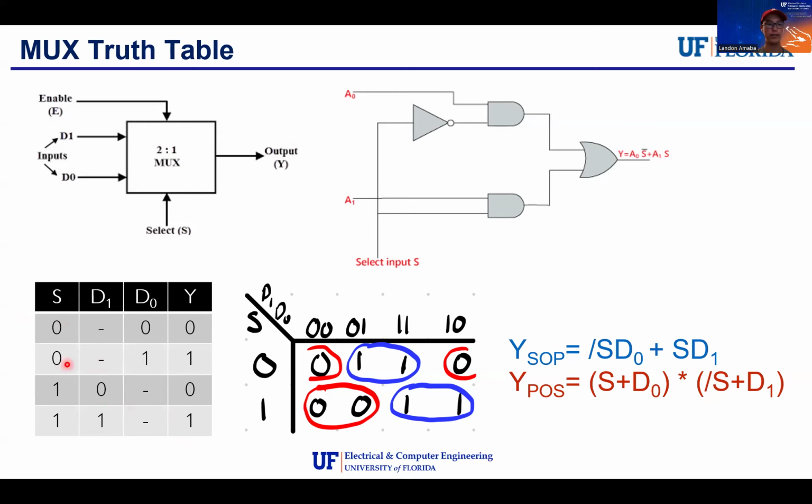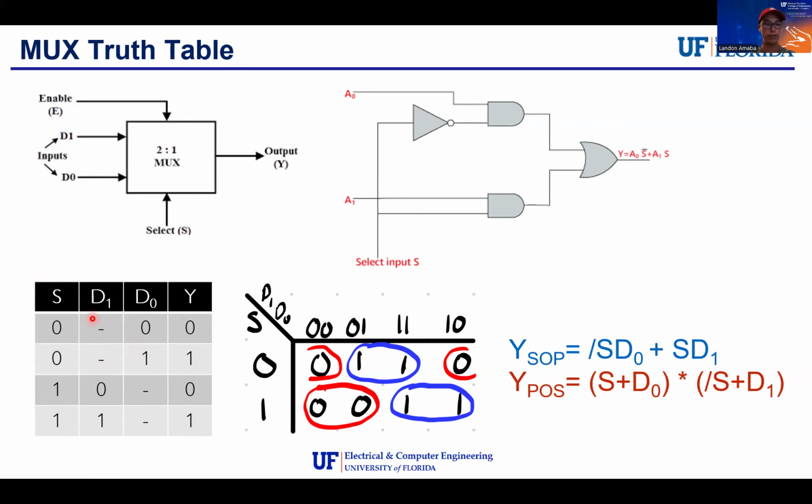When S is 0, the data 0 line is selected and is directly connected to the output. Likewise, if S is 1, D1 will be selected, and these values will be on the output. Normally, when you have 3 inputs, you have 2 to the third, or 8 rows, and here we condensed it into just 4 rows.